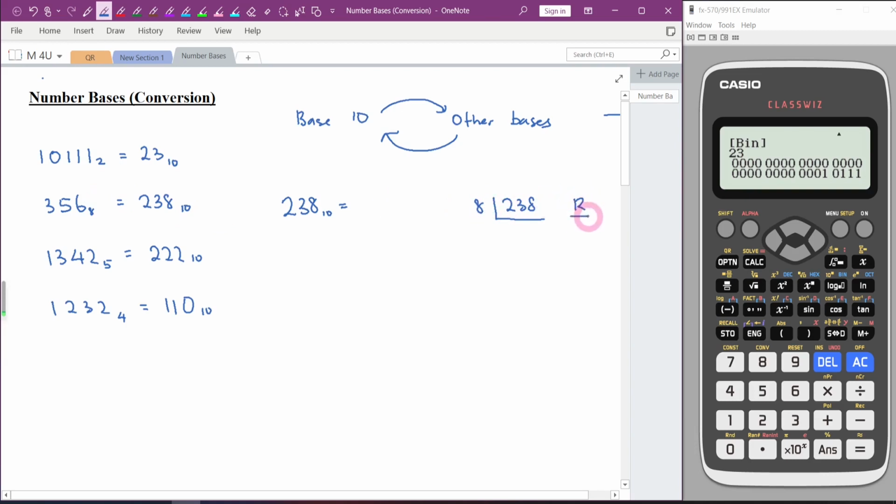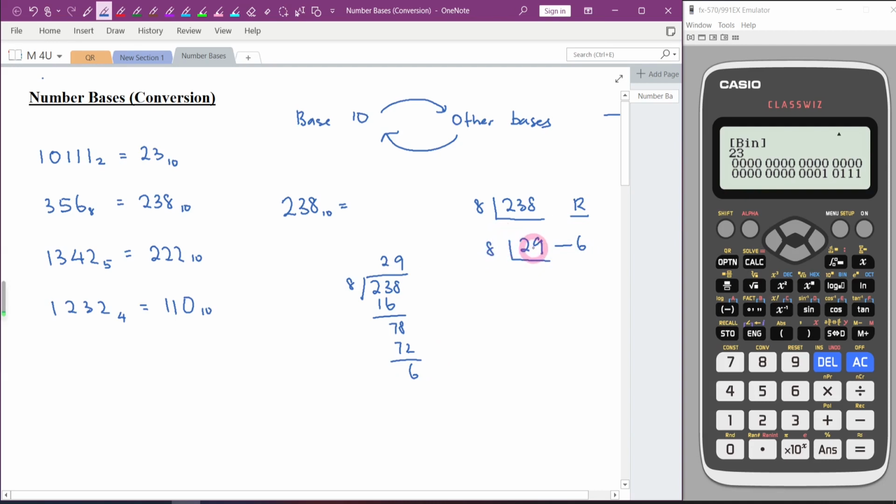The remainder I'm going to write over here. If the number is very big, you can do it this way, as I told you just now. Remainder is 6. So 29, remainder 6. Okay, do the same thing for the rest.